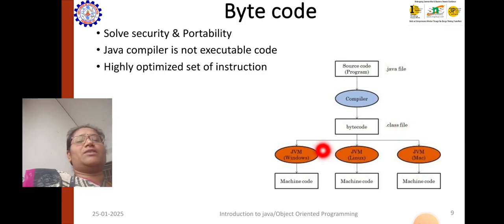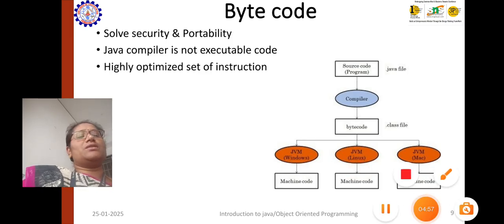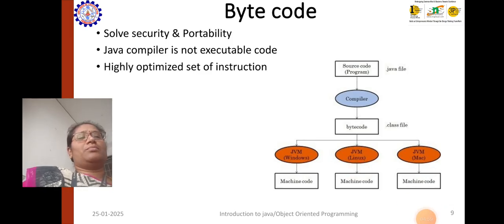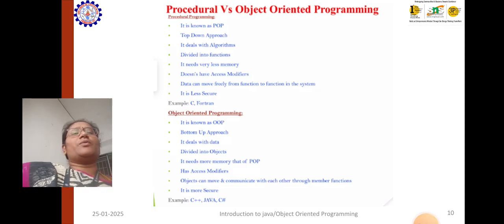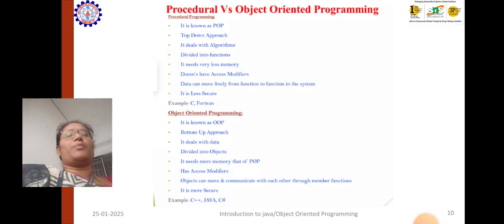Then it is given to the Java Virtual Machine. From the Java Virtual Machine, it is converted into machine code, which is used by the machines to run the program.